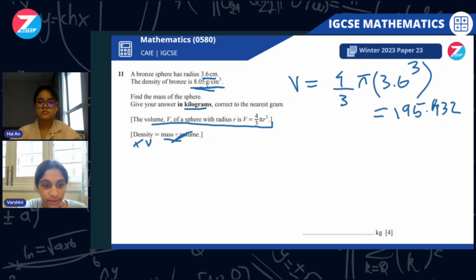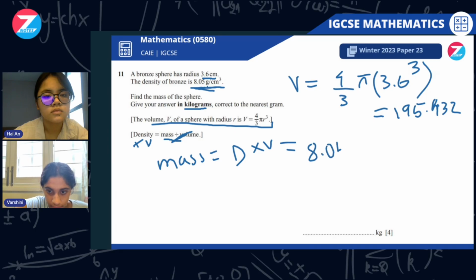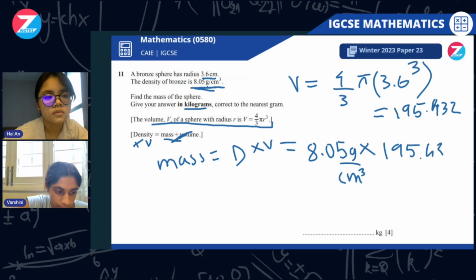Okay, so now that we have the volume, we need to find the mass. So we know that mass equals density into volume, and we know density. Okay, so mass equals density into volume, and we know our density is 8.05 grams per centimeter cubed, into 195.432 centimeter cubed.